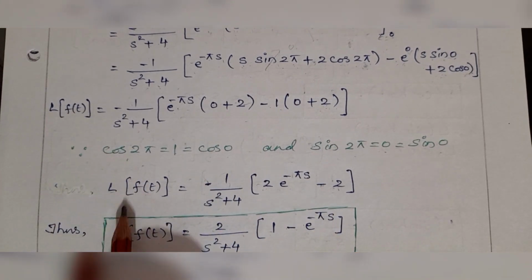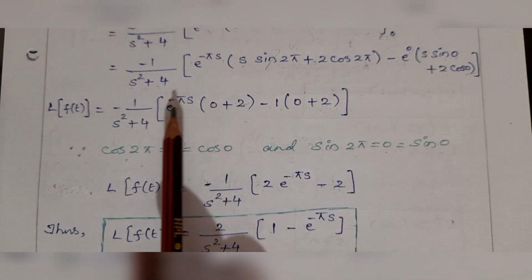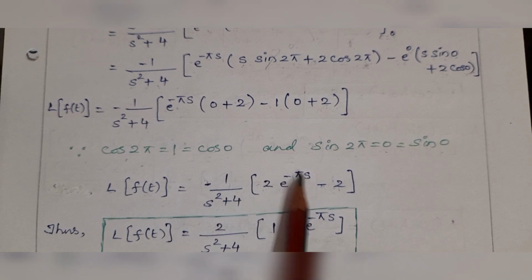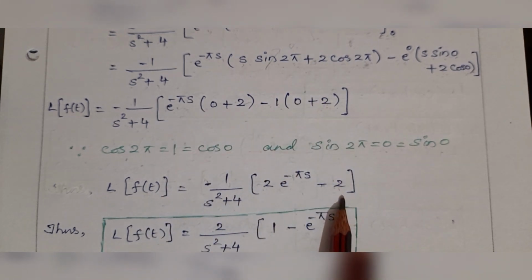Next, Laplace transform of f of t equal to minus 1 divided by s square plus 4. Here 2 into e power of minus pi s, first term, minus 1 into 2 is 2.